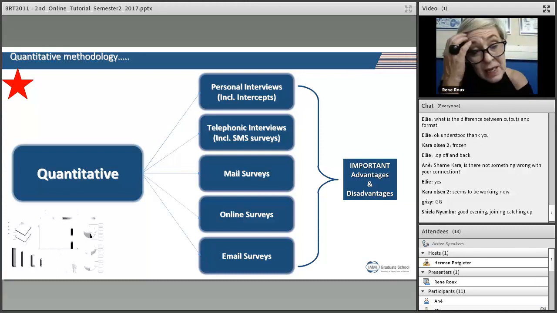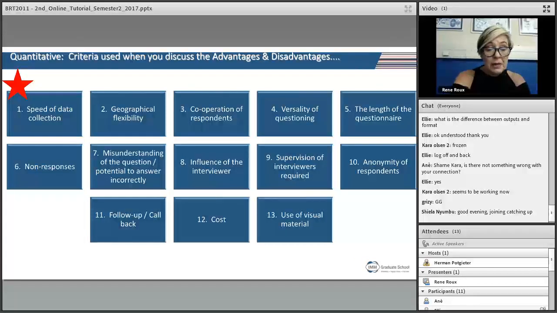Now, each of these methods has advantages and disadvantages. And it is important that you understand the advantages and the disadvantages of each of these methods, because that is how you decide which method is the best for your approach. Now, the criteria that you use is the speed of data collection.